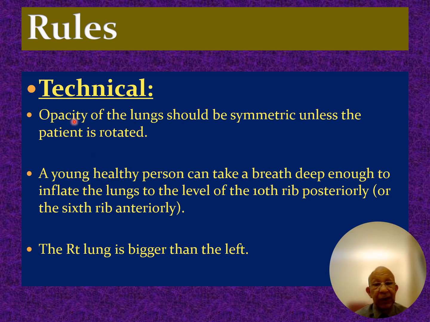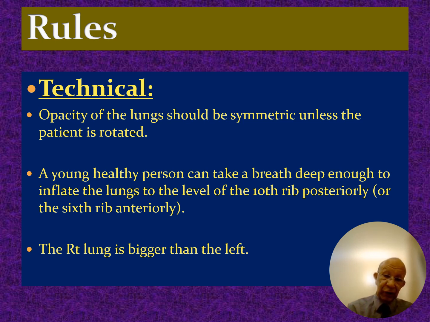The opacity of the lungs should be symmetric unless the patient is rotated. So the blackness or the whiteness of the lungs should be the same on the left and the right. A young healthy person should take a deep enough breath so that you can see the 10th rib posteriorly, or the 6th rib anteriorly.